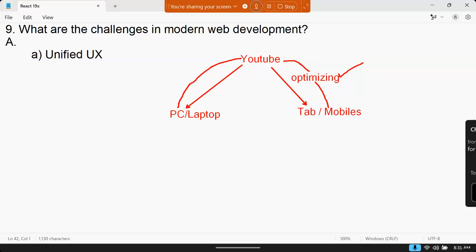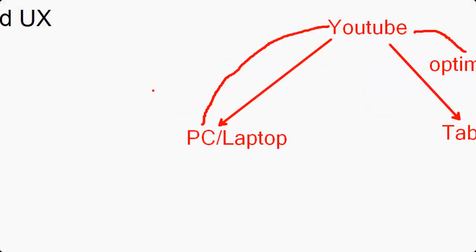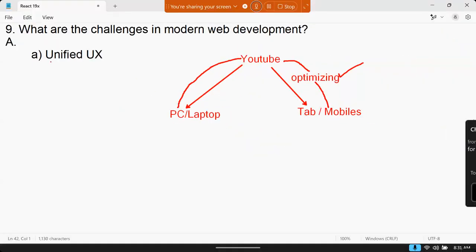These days, how an application is experienced on a PC, the same experience must be on a mobile. We should not have a complaint like, because it is mobile, this option will not work. Whatever experience you have on PC and laptop, you should have the same on your mobile also.